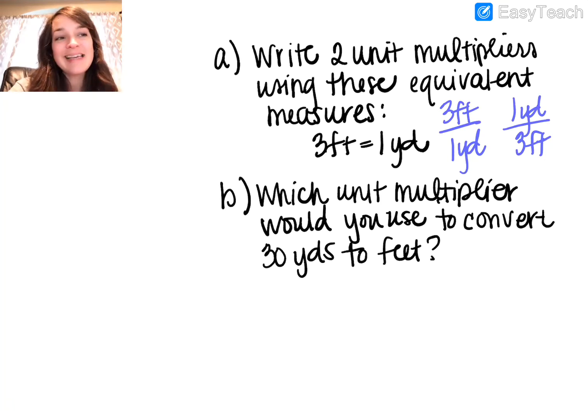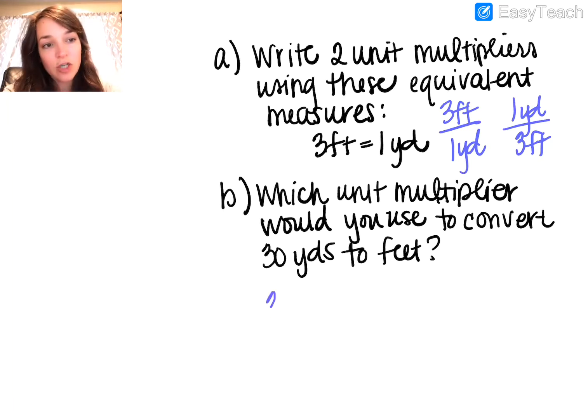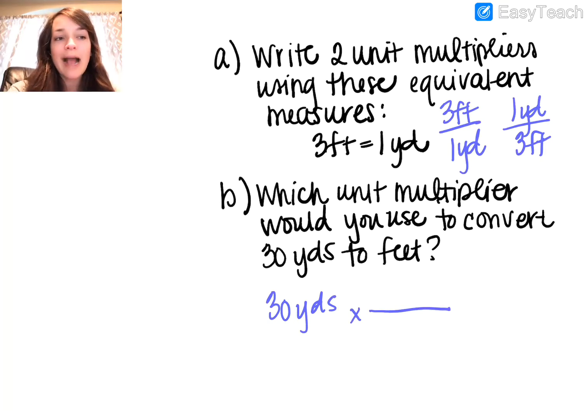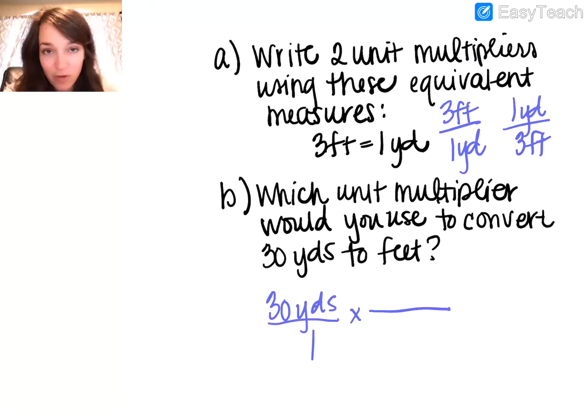So in B, it says, which unit multiplier would you use to convert 30 yards to feet? So we're trying to go from yards to feet. When you multiply by a unit multiplier, you are multiplying by a fraction. So if you start out with 30 yards, remember 30 yards is not a fraction, but if I want to make it one, I can put it over 1, right?